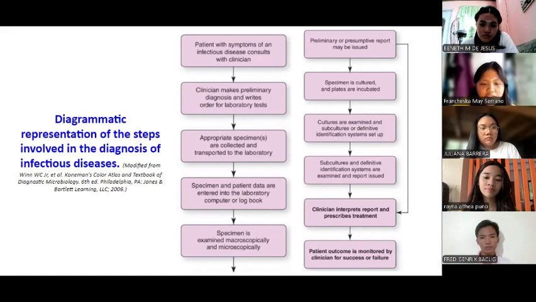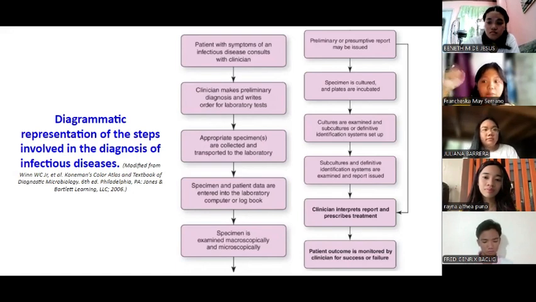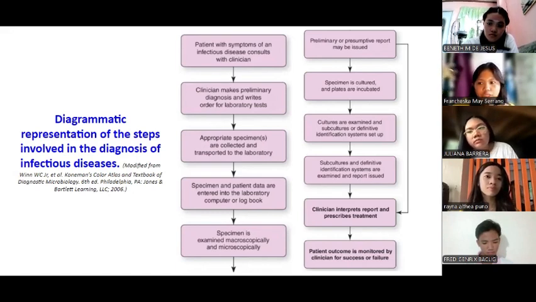Next is after nun, after magbigay ng physician's order, mapakolect na ng specimen, appropriate specimen sa patient. And then after makolect, by observing aseptic technique, ipapadala ito sa laboratory, and appropriate laboratory kung saan siya itetest.